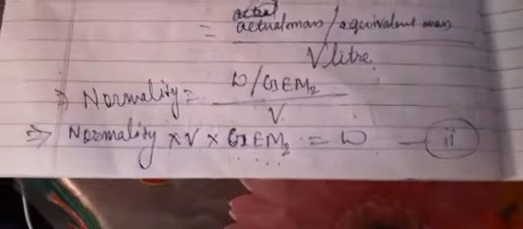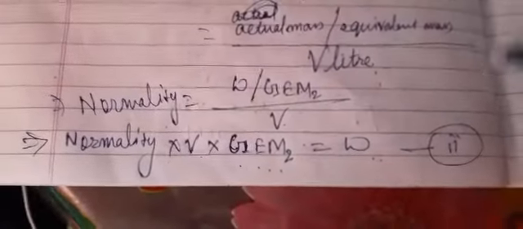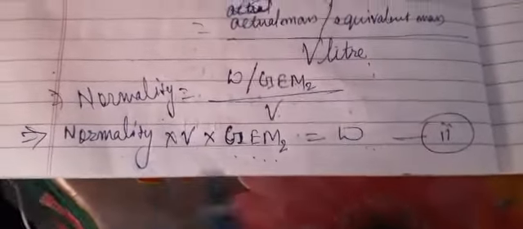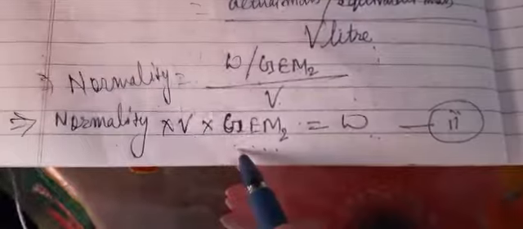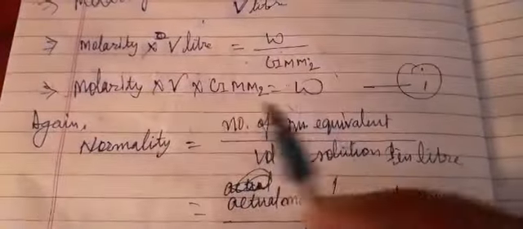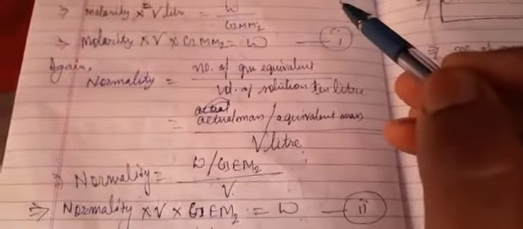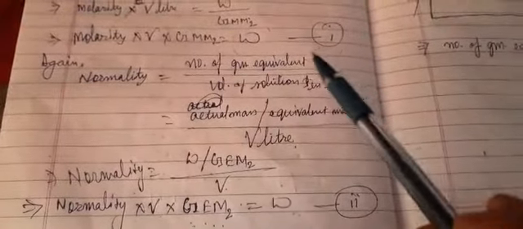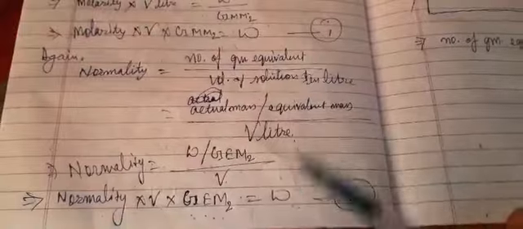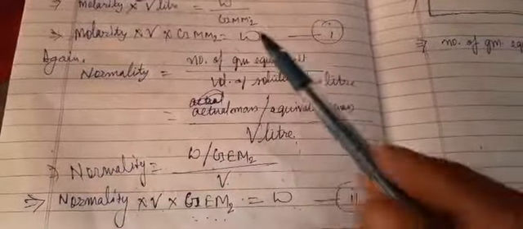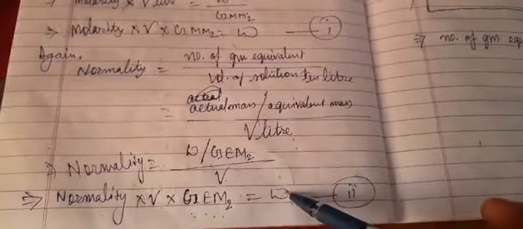So we have got the value of W in two different ways: with the help of normality we have got this much, with the help of molarity we have got this much. This W is the mass of the solute.